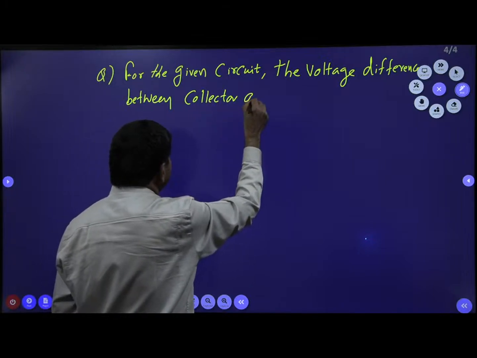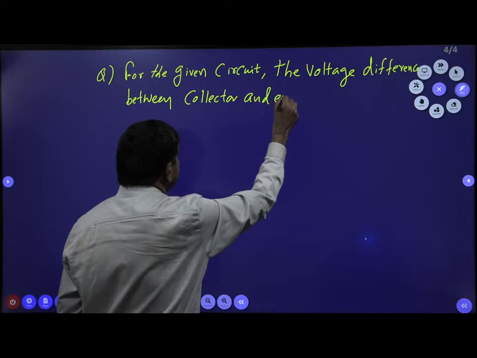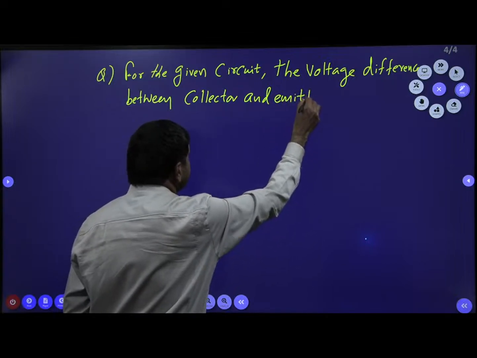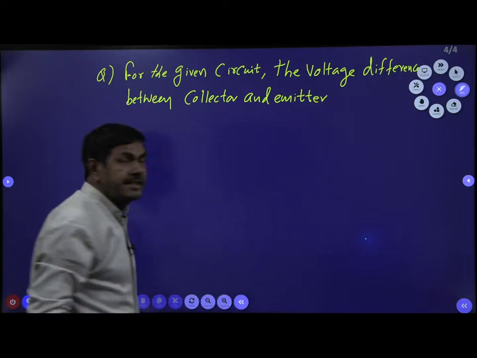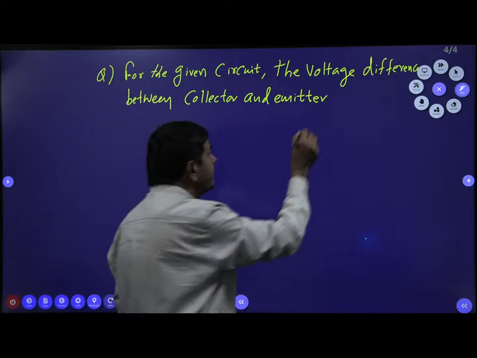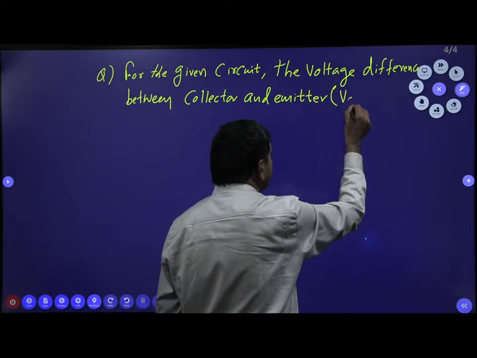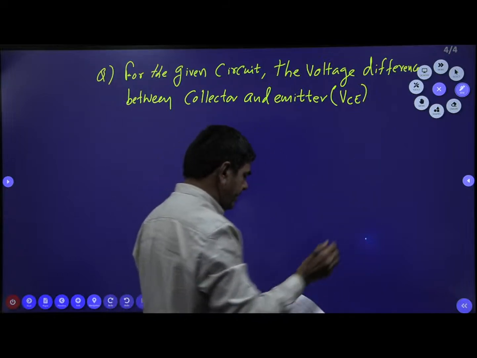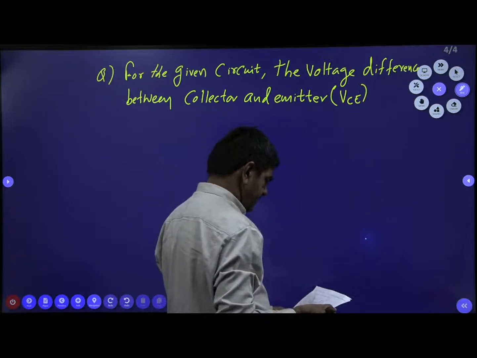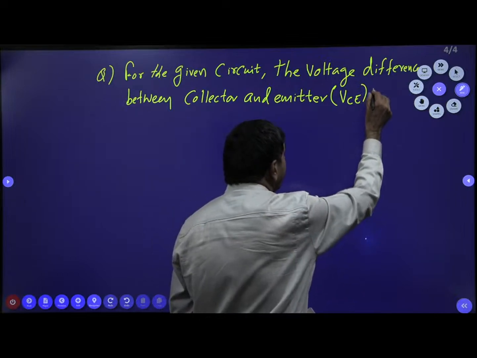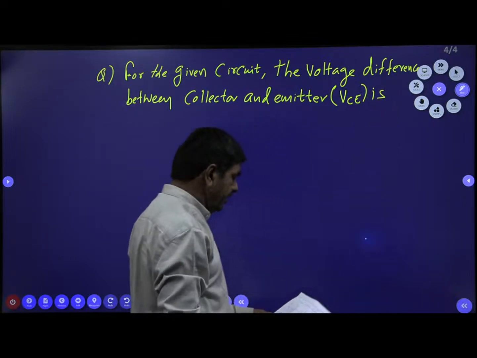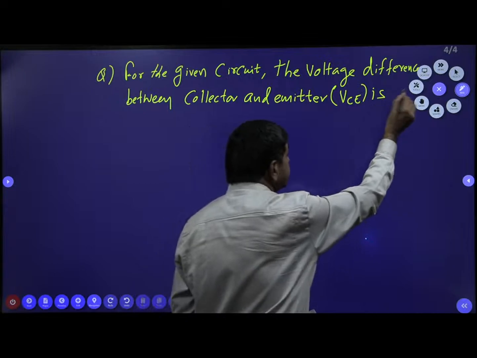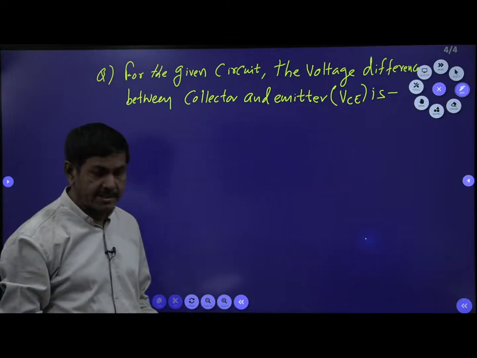Collector and emitter means we know very well, there is a VCE. We can put it in brackets, VCE. It's given in the problem. This is VCE. The problem is asking to find that value.